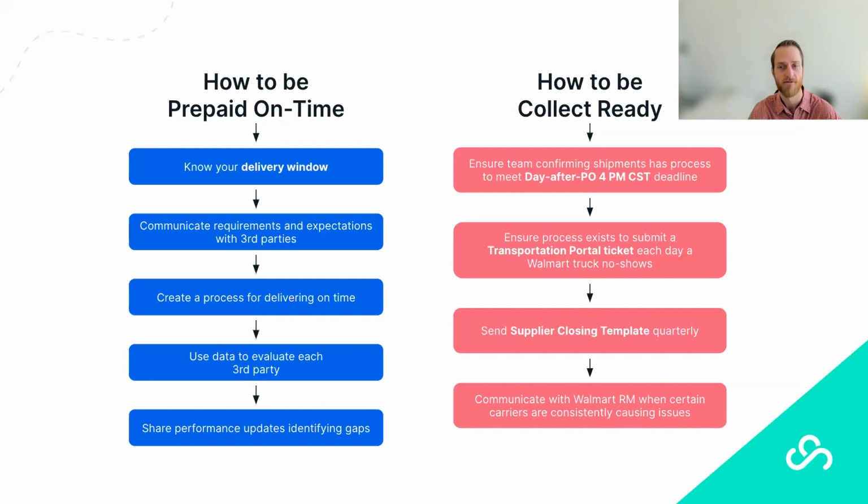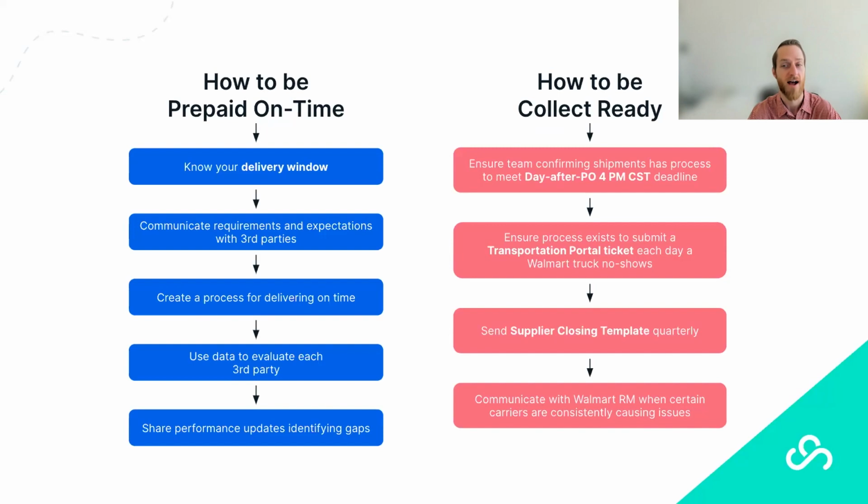With Walmart's OTIF program, you're going to see your overall on-time number, but really you need to be looking at each carrier that's moving freight within your supply chain so that you can evaluate each of them, call out those poor performers, and highlight gaps in performance so that you can bring them up, versus just having that general on-time percentage that doesn't really tell you who's impacting that the most. Once you can track that data by third party, that's when you get into sharing that performance with them to drive improvements.